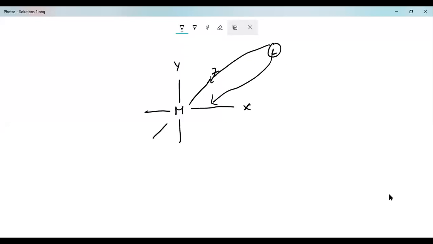When the ligand comes along the axis, which type of splitting do we get? Octahedral splitting. This is the first way. If the ligand approaches the metal ion between the axes, which type of splitting do we get?